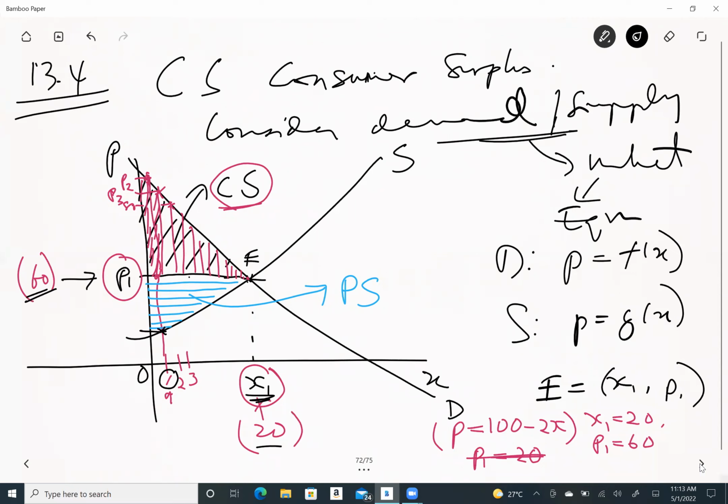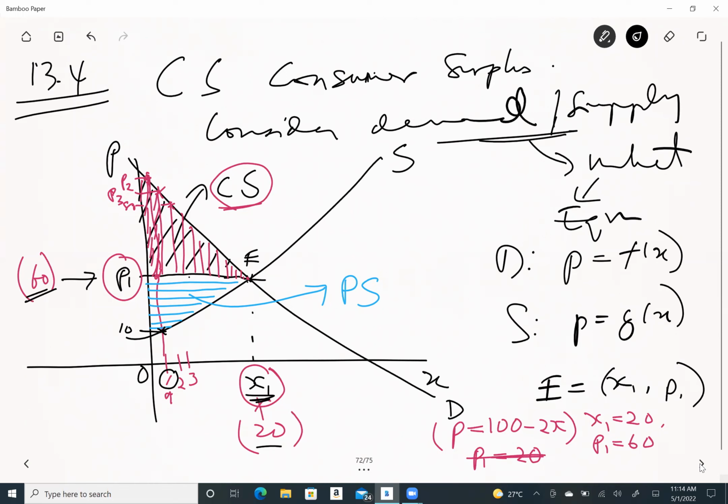Call it here, say 10. For the one unit, I'm willing to sell only 10. But during the exchange, I got paid 60. So what is my extra benefit? I'm willing to sell 10 ringgit for that one unit. But I get 60. So how do you feel as a seller?